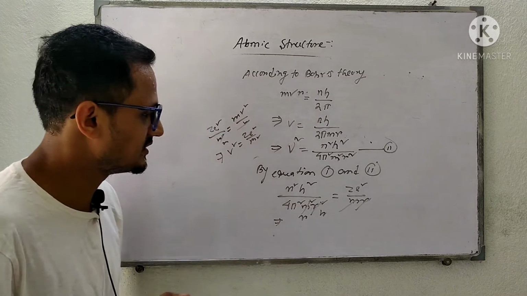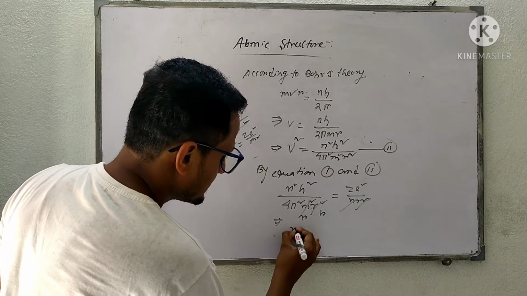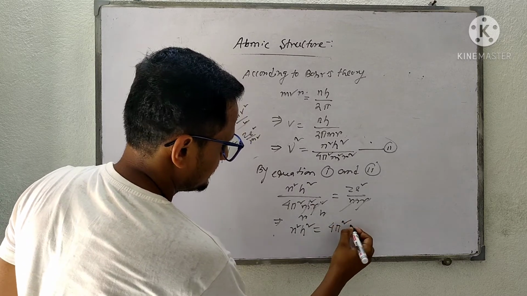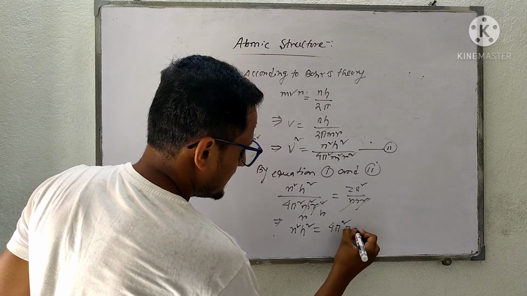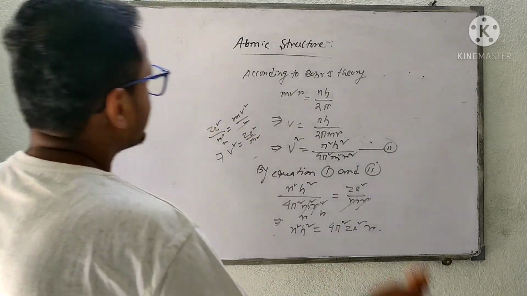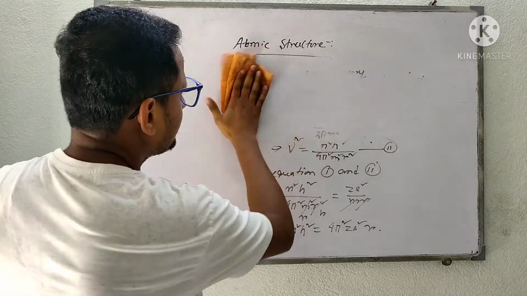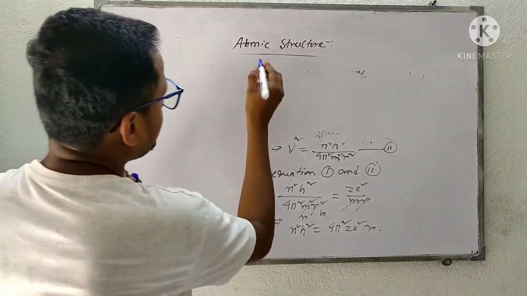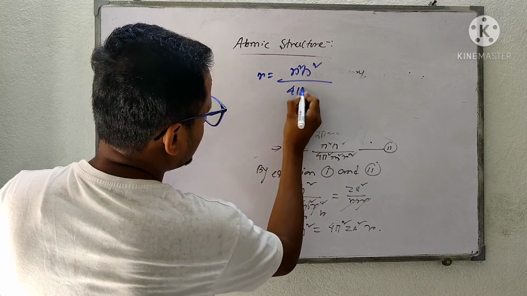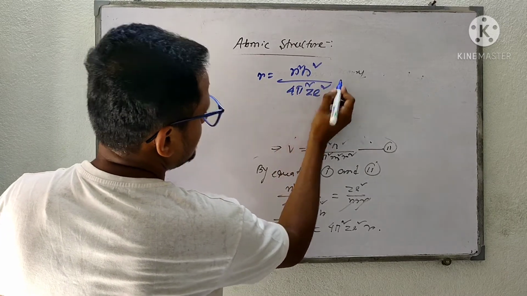So what you are getting is that n square h square equal 4 pi square z square r. So what will be the r? r will be n square h square by 4 pi square z square.